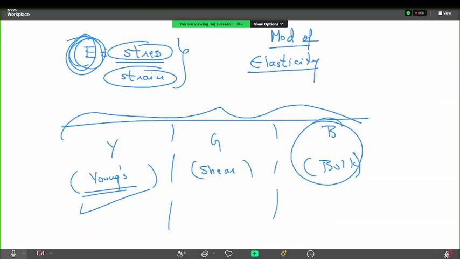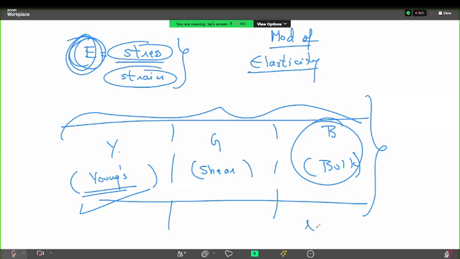Then they'll ask you again. Based on Hooke's law, there are 3 types of modulus. Out of these 3, there can be 2 types of questions formed. Either name the 3 types of modulus, one question, or define and explain Young's modulus, or shear modulus, or bulk modulus. When they ask you separately, or all 3 of them together, it's like: name the following.